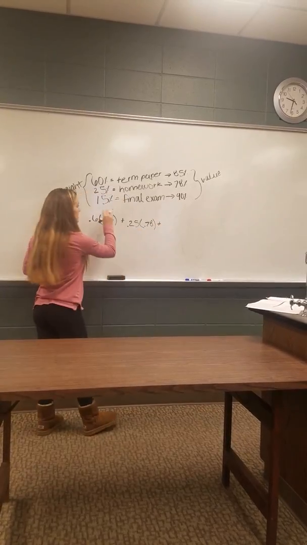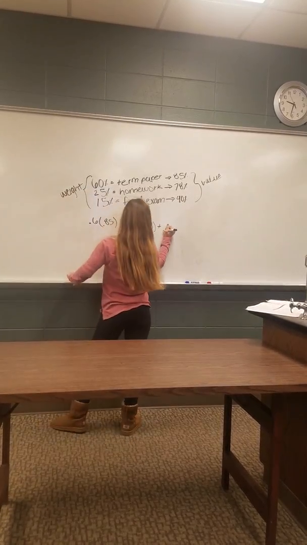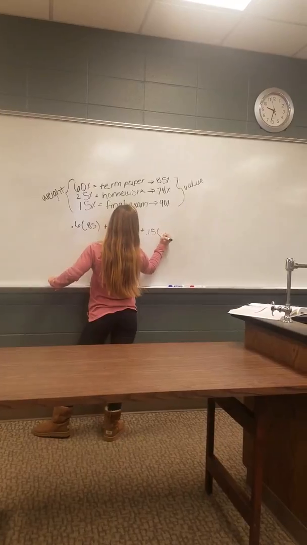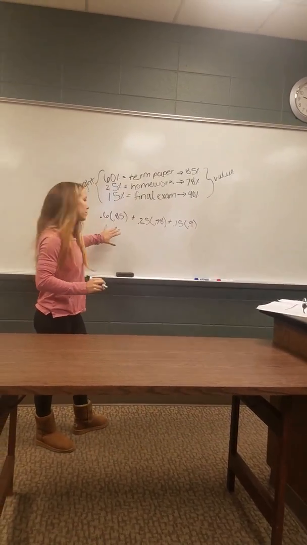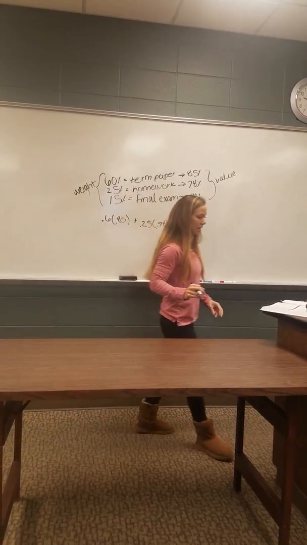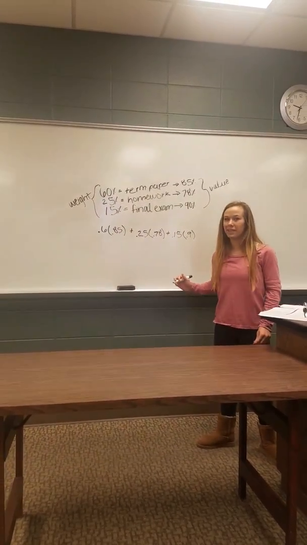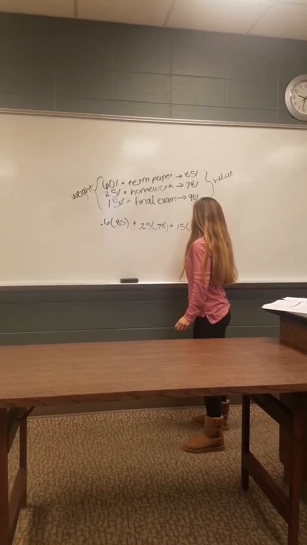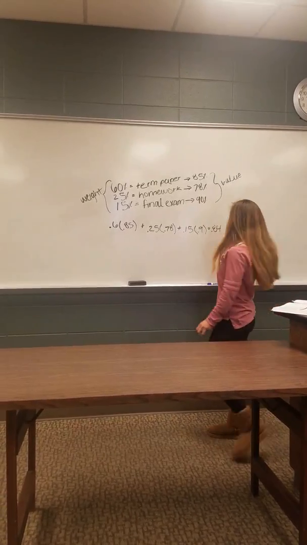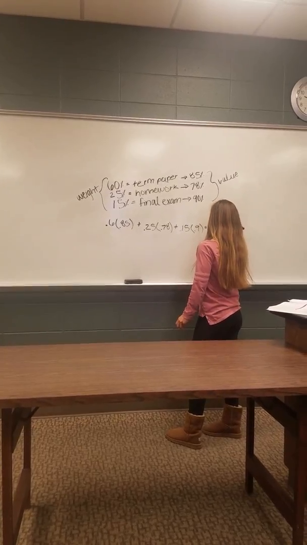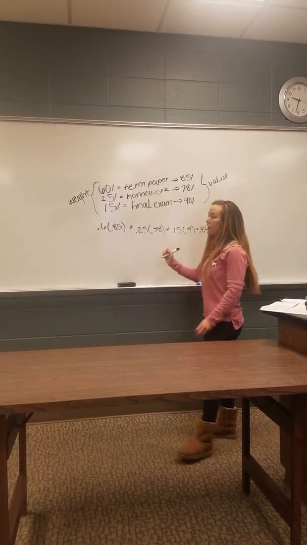And then we add the ones that correspond for the final exam, so 0.15 times 0.9. When we multiply and add them all together, we end up getting 0.84, which equals an 84% for the student. And that was part A.